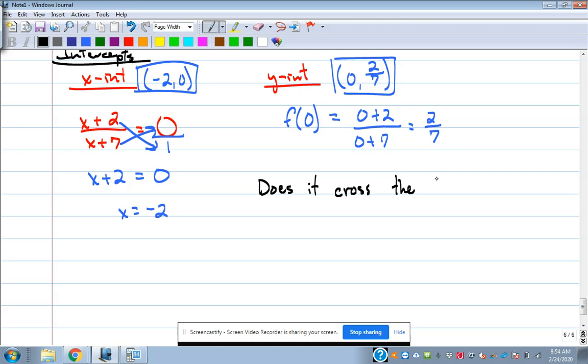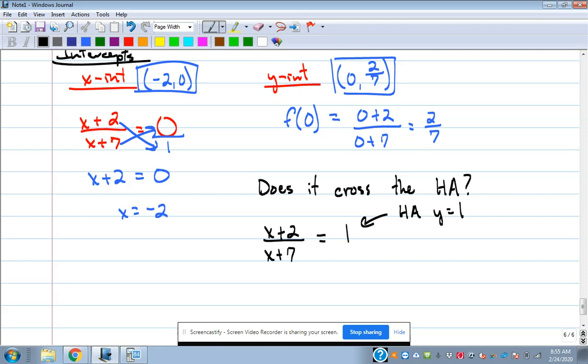We're going to set the equation (x plus 2) over (x plus 7) equal to the horizontal asymptote. The y value of the horizontal asymptote is either going to be 0 or that ratio of the leading coefficients. Here we're setting it equal to 1, and we're going to solve that equation.